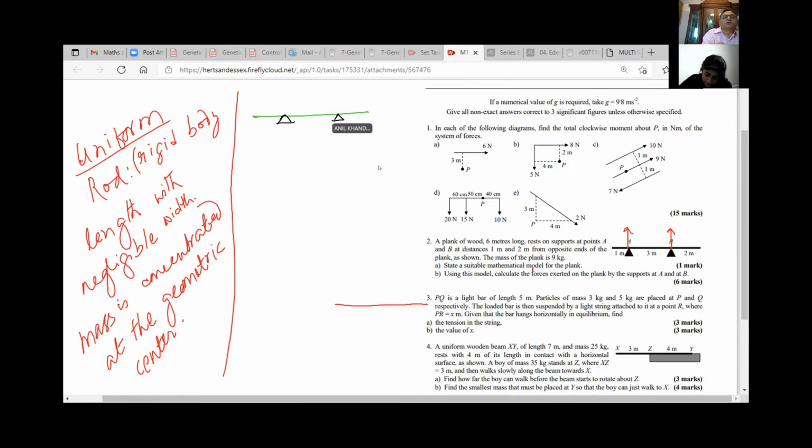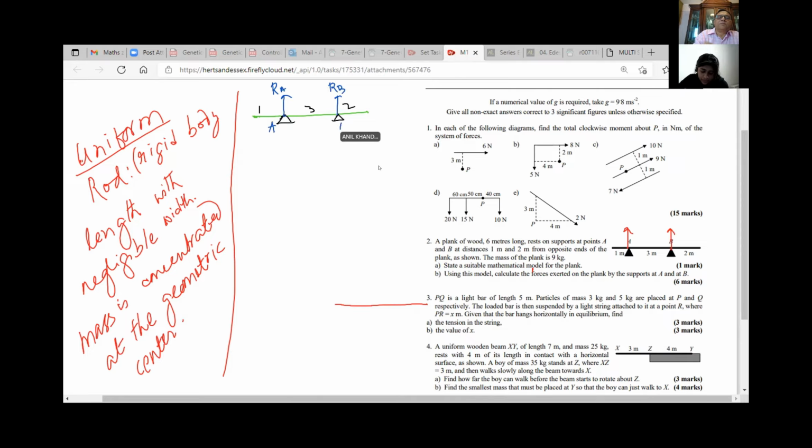The drawing, of course, is not to scale. The rod length is 6 meters, so it's 3 meter in between. What we need to find is the reaction at A and B, so RA and RB. These are the supports at A and B.